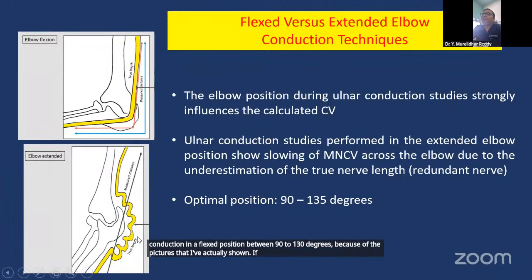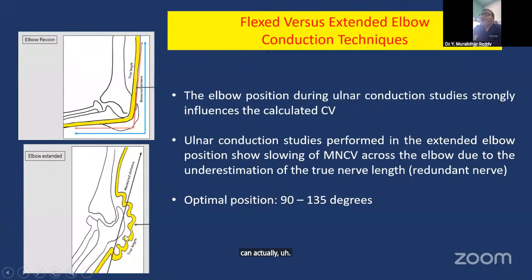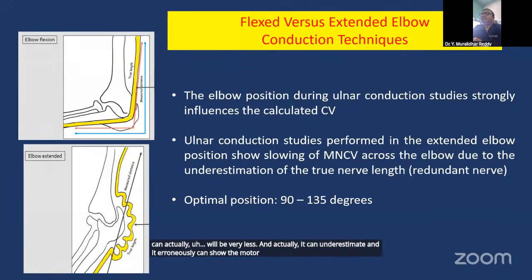If you fully extend the elbow, there is a lot of redundant nerve, and the measured distance between below elbow and above elbow will be very less. It can underestimate the distance and erroneously show a very slowed motor conduction velocity. That is the reason we make the nerve taut by flexing the elbow to around 90 to 135 degrees. Usually in our lab we do 90 degrees, and that is the principle.